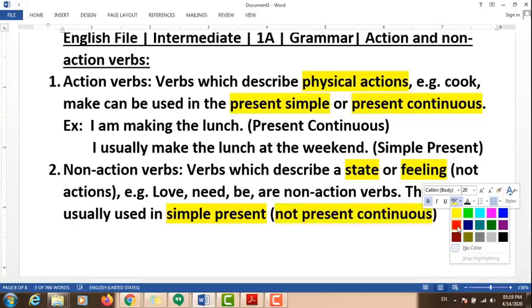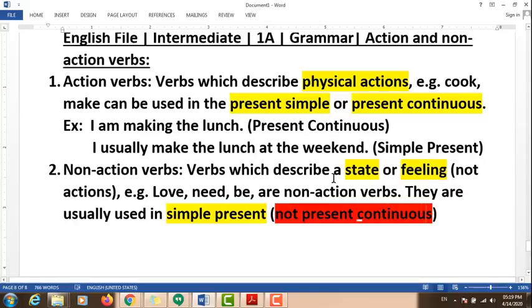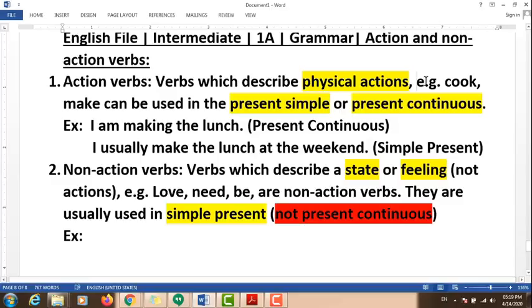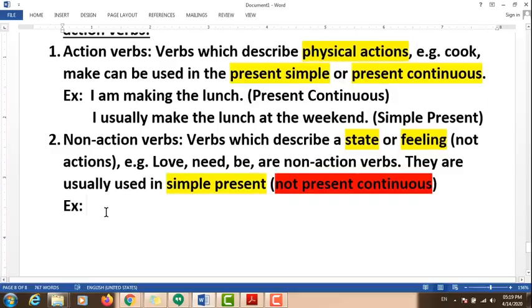So like, let me give you an example. You can write example in both ways. In British you write it like this, okay, and in American you write it with EX. So like example, I need a pair of shoes.